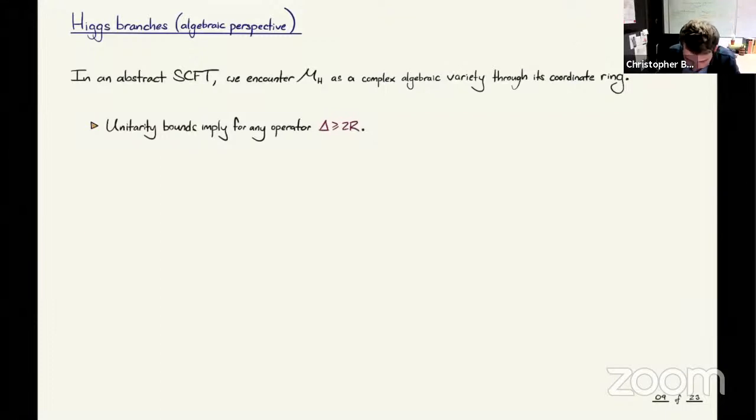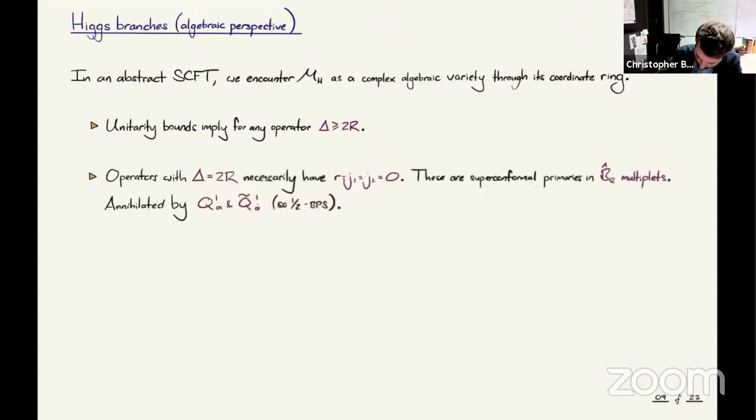A general so-called unitarity bound implies that for any of the allowed representations of the superconformal algebra, you always have the conformal dimension, this number delta, which is the eigenvalue of the dilatation operator, is bounded below by twice the SU2R charge. And for the operators that saturate that inequality, one can show that you necessarily have that the U1R charge and the spins are 0. So these are scalar operators.